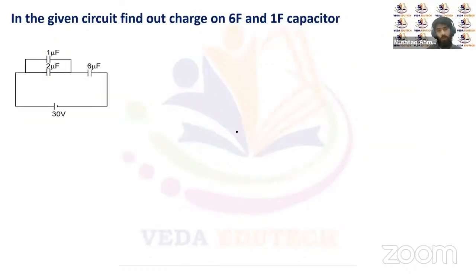Now, moving to the next question, in the given circuit, find out the charge on the 6 microfarad and 1 microfarad capacitor, right? You can see here there are three capacitors.